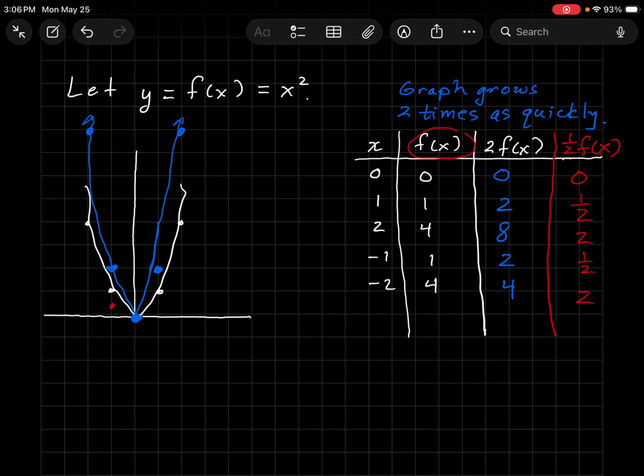And then plot the points. And it will look like this. Sometimes we say the graph is a little bit wider, but I like to think of it in the following fashion. The graph is growing 1/2 times as quickly, or 1/2 as quickly.